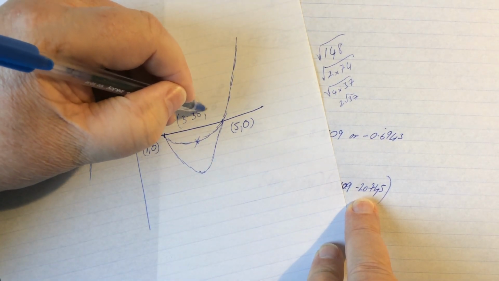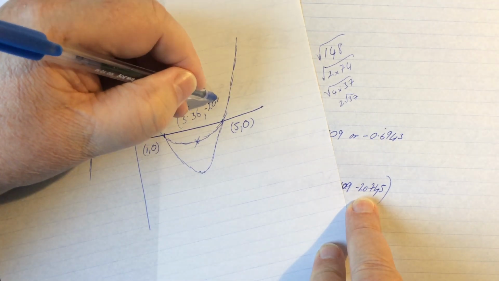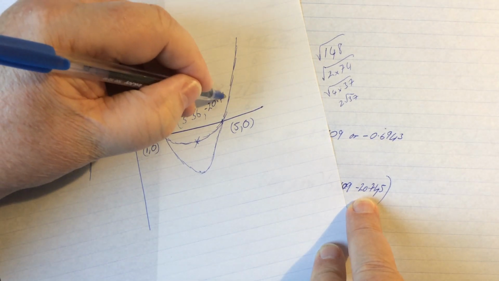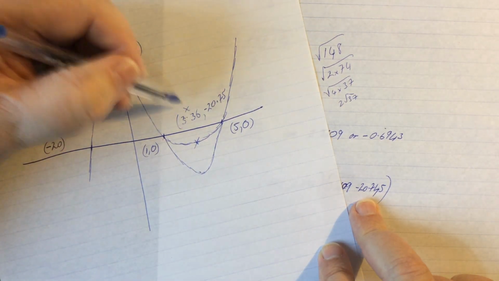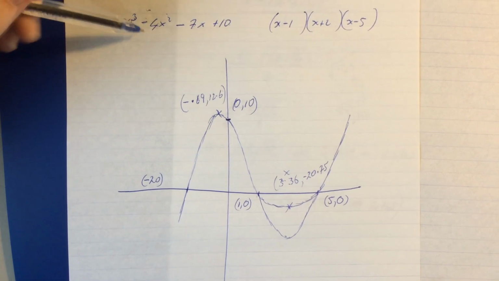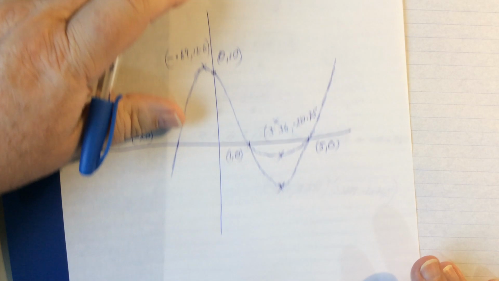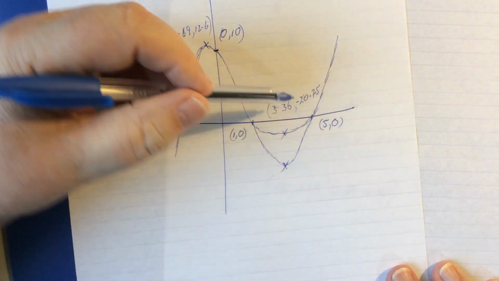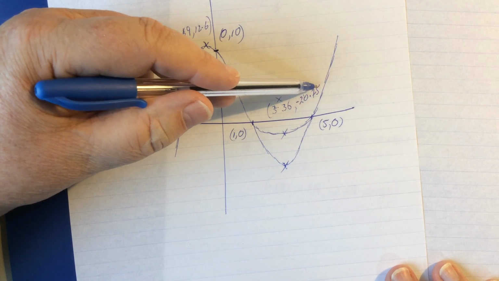You do get points for getting the numbers right. And as I say to many of my students, if you get the numbers right, you'll get away with a lot. Okay, so if we put this value into this cubic, we get this. And so our turning point, reimagined, is 3.36, negative 20.75.